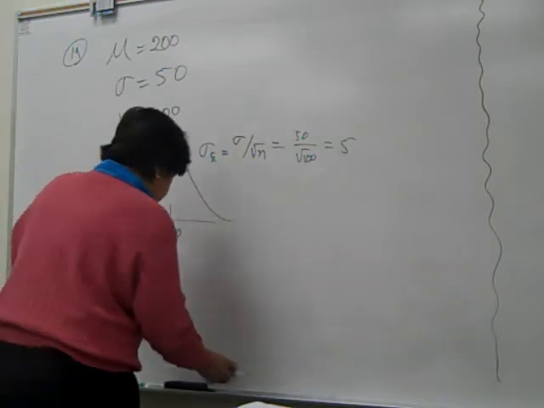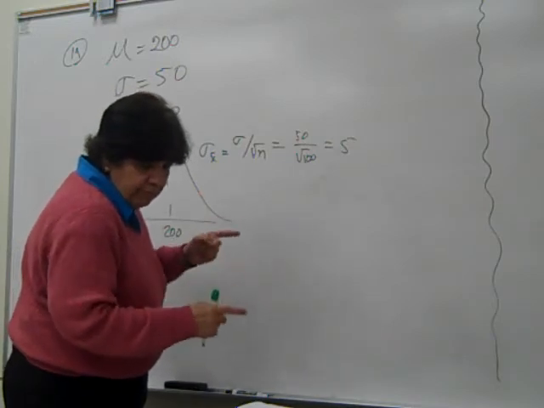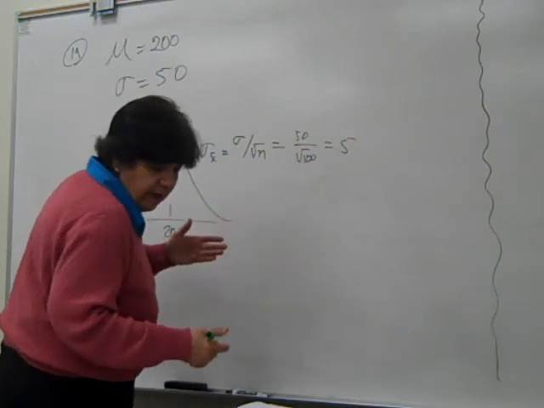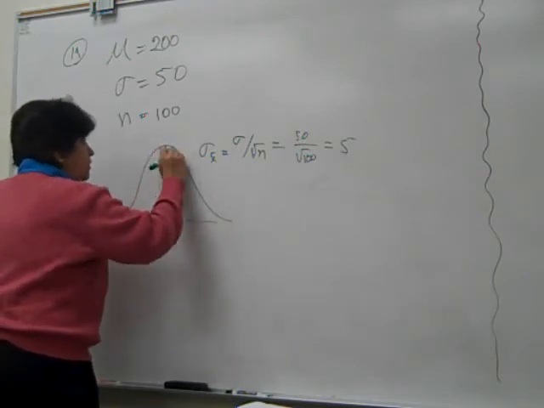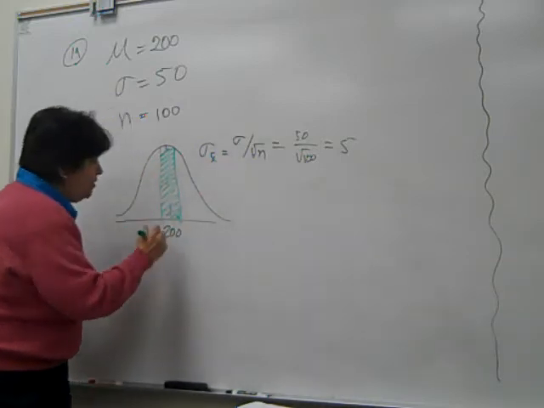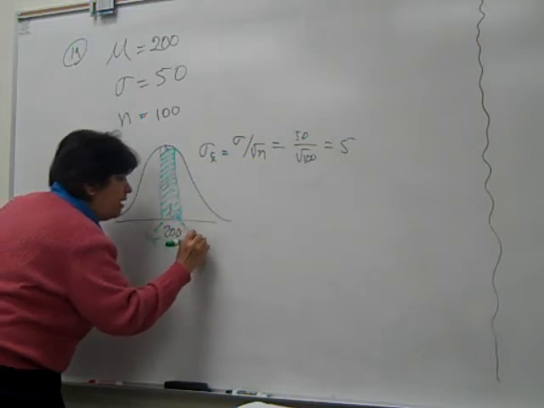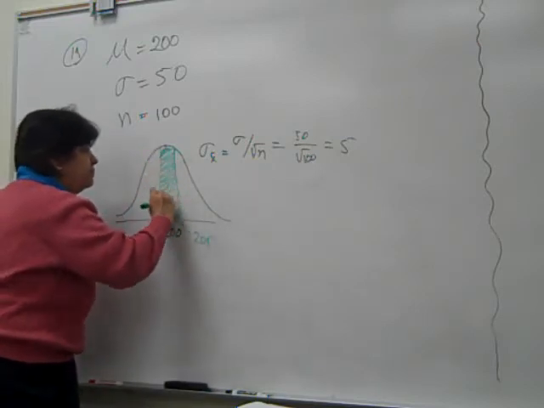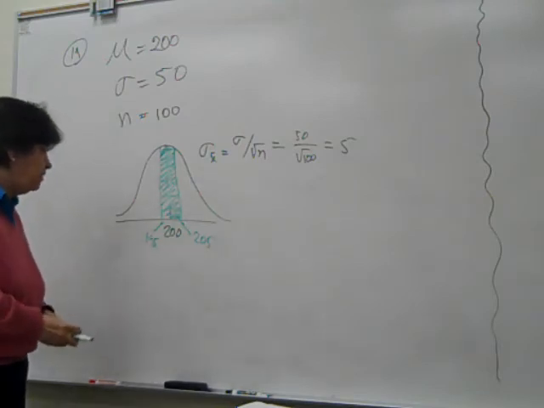They are asking what is the probability that the sample mean will be within plus minus 5 of the population mean, so from 195 until 205. That's what the problem is asking us.